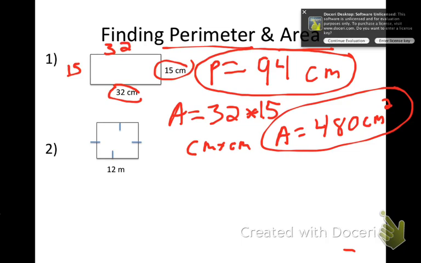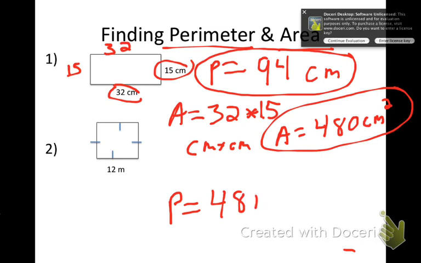What about number 2? What shape is number 2, Tom? That is a square. So to find the perimeter, I can write 12 all the way around and find it. Or I could take how many sides are congruent in a square, Tom? 4. 4 times 12 gets me a perimeter of 48 meters.